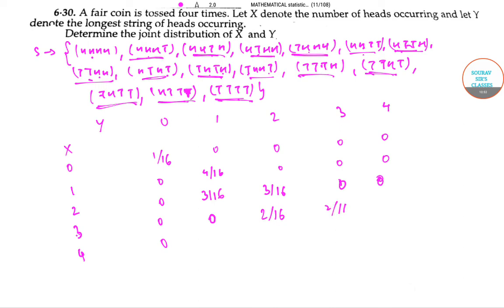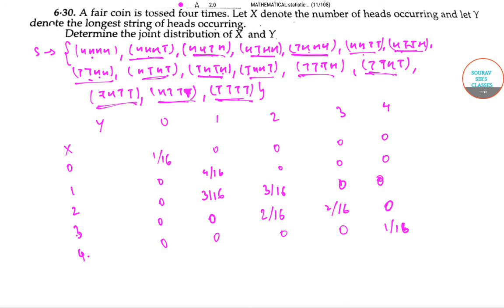So 2 by 16 once again, and 4 heads continuously is impossible, so the probability is 0. And given you get 4 heads and the longest string is 4 consecutive heads, the probability is 1 by 16, and the rest for 1, 2 and 3 continuous heads is 0.